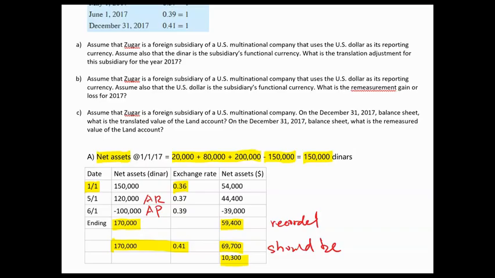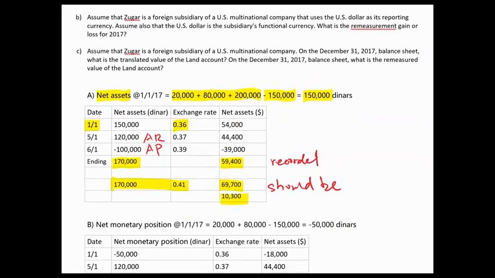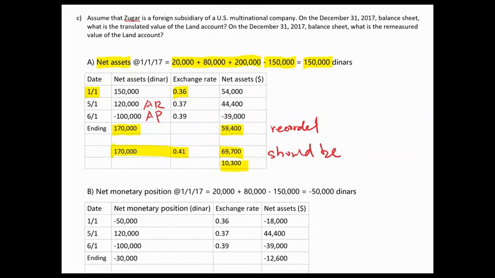Alright, so then let's move on to requirement B. Requirement B is now we'll assume that the US dollar is the subsidiary's functional currency. If that's the case, then the company needs to use the temporal method. And if the company uses the temporal method, then instead of net assets, the net monetary position is the item exposed to foreign exchange rate risk.